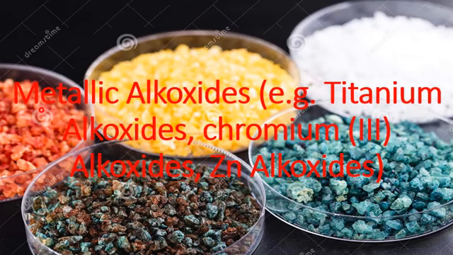The first type of precursor is known as metallic alkoxide. Some of the common types of metallic alkoxide used in sol gel process are titanium alkoxide, chromium alkoxide, and zinc alkoxide. So basically, most commonly, the transition metal oxides are commonly used in sol gel process.